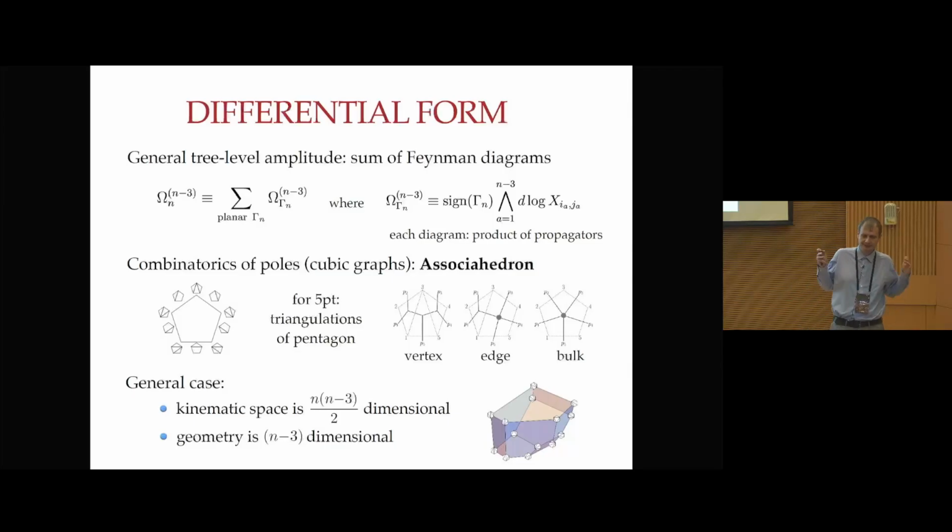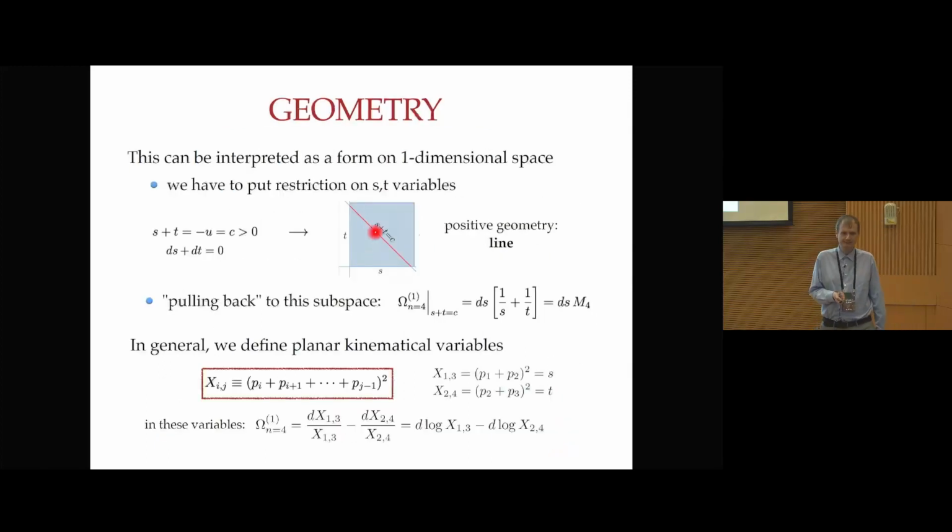But this is a little bit backwards logic, because we haven't defined what the positive geometry is. This is just rewriting the amplitude as a differential form. Now we would like to get the same result as the differential form on some positive geometry. And we already saw that the geometry must be lower dimensional than the number of variables in the game.